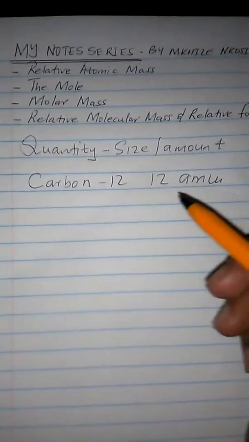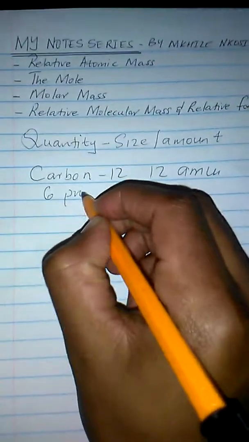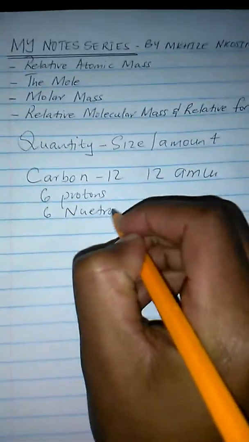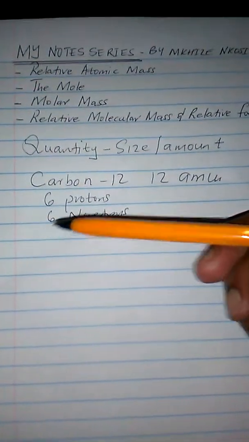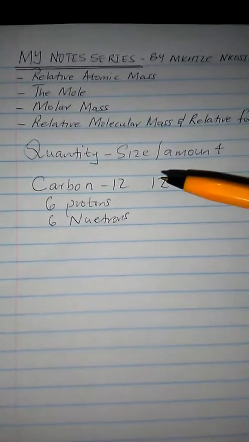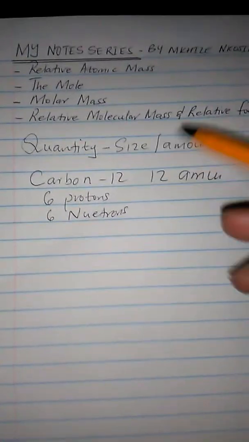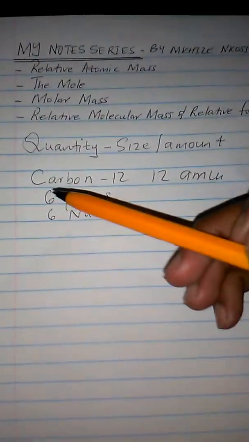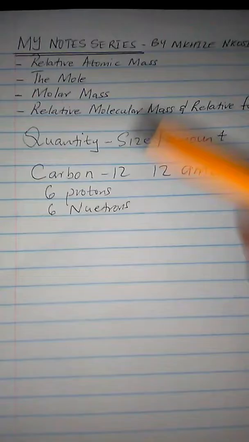It is also crucial to note that carbon has 6 protons and 6 neutrons. Now, 6 plus 6 gives you 12. And remember, when you are learning about the atom, it was specified that the mass of the atom is concentrated at the nucleus, and the protons and the neutrons are the particles inside the nucleus.